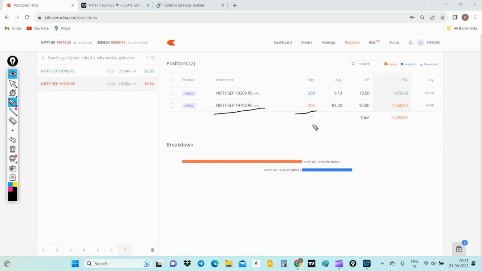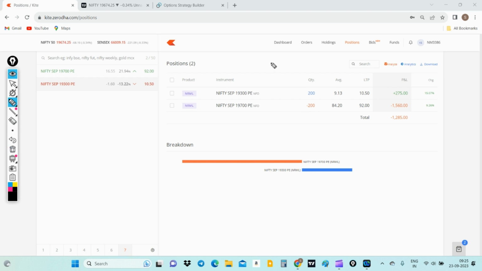On a similar basis, I bought four lots of the 19,300 put. As you saw, to sell one lot I required 1,06,000, so cumulatively, if I want to sell four lots, it would obviously be 4,24,000 that is required.